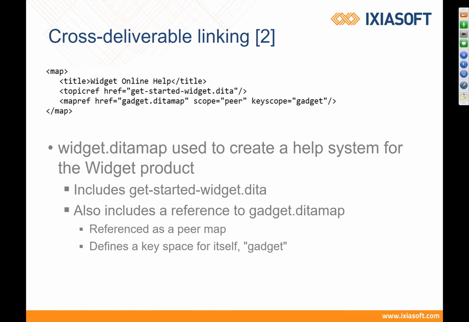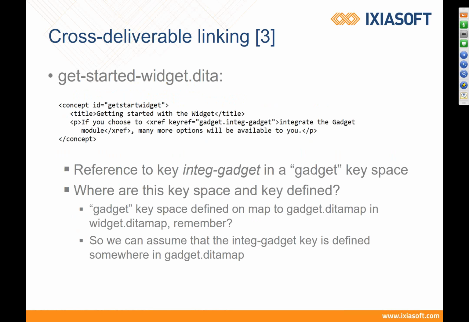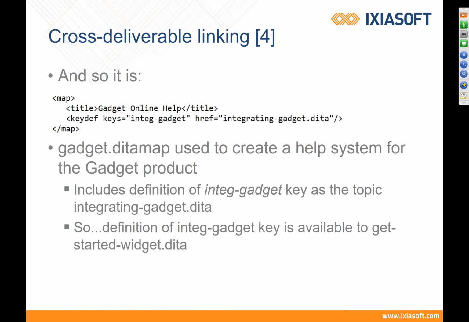Remember that the gadget key space was defined on the gadget DITA map, so I can assume that the integ gadget key is going to be defined somewhere in the gadget DITA map, and that is in fact the case. I've got this integ gadget key, which is defined as an integrating gadget.dita topic.